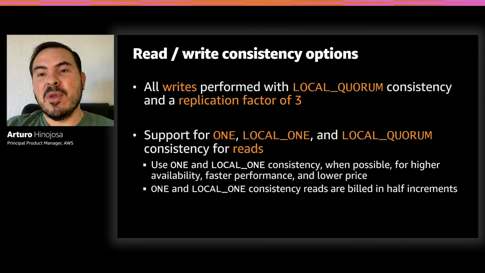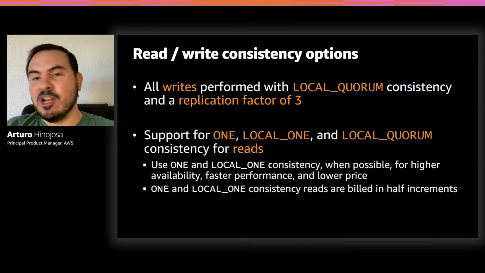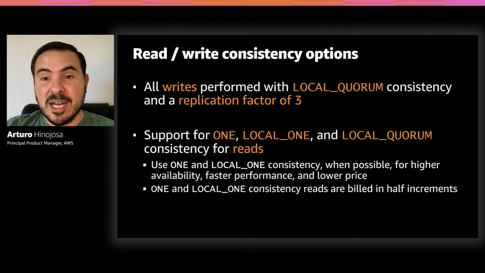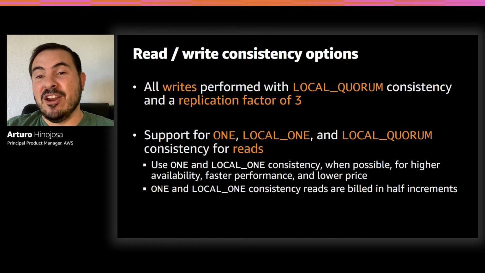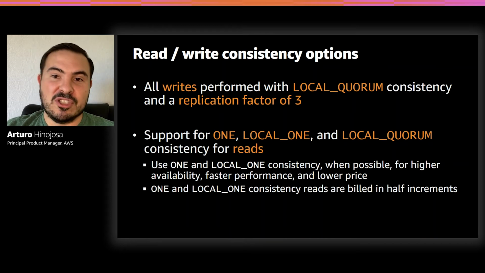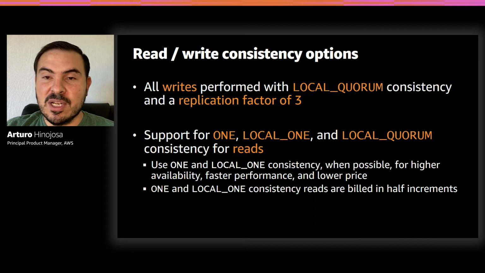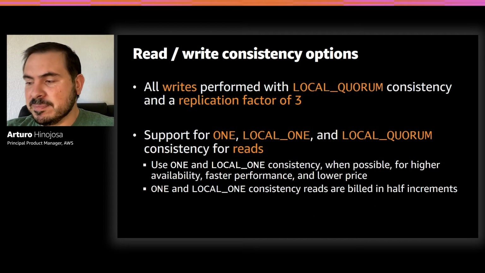We typically recommend using one or local one wherever possible because you get higher availability, a little bit better performance, and a lower price. So if you don't need that strong consistency, you can tolerate a little bit of lower consistency, one or local one is a really nice choice. We bill one or local one at half the price, with 0.5 RCU compared to one RCU for strongly consistent reads. So again, you have that tunable consistency for reads based on your particular use case requirements for data consistency.